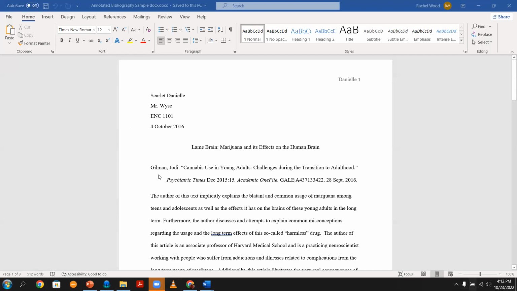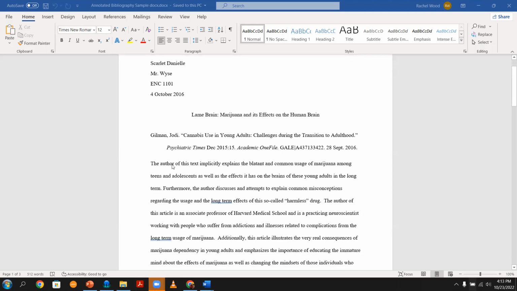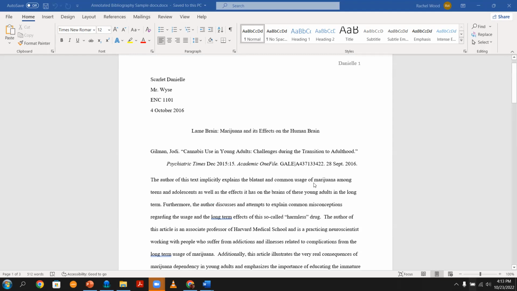So in this first entry, you have your citation here. It was printed in Psychiatric Times, so it was primarily an audience of psychiatrists, and it was retrieved from Academic OneFile, which we know as Gale on our databases. The author of this text implicitly explains the blatant and common usage of marijuana among teens and adolescents, as well as the effects it has on the brains of these young adults in the long term.